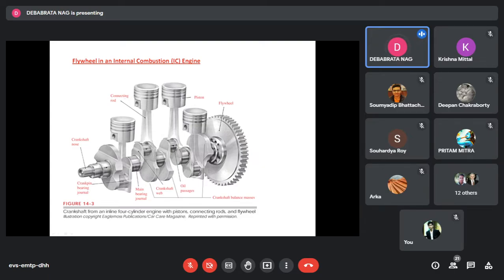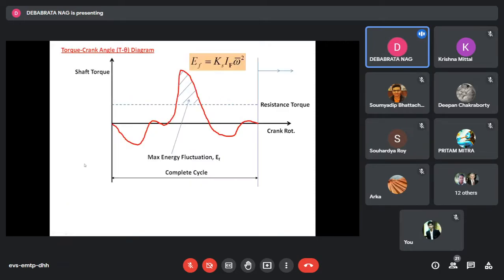Or we can say that the net change in energy will be basically equal to 0 here, because from cycle to cycle, the angular speed at the beginning of the thermodynamic cycle and the angular speed at the end of the thermodynamic cycle must be the same.